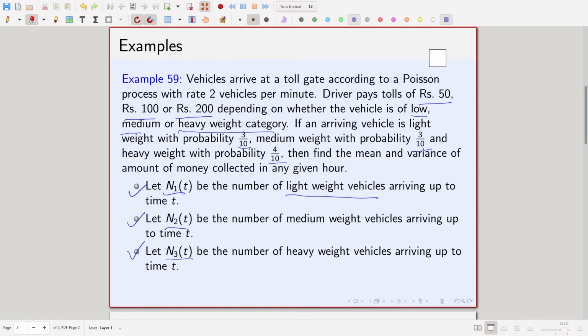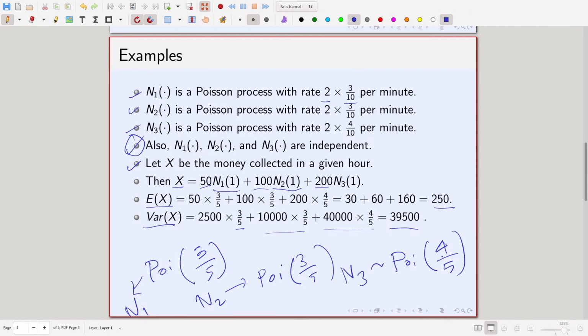Fine. Yeah. So, now the unit is, you are being asked about the amount collected in a given hour. So, here T is basically 60. So, what you need is N1(60), N2(60) and N3(60). Basically the mean will be this times, N1(60) will have mean 3 by 5 times T, so it will be lambda times T. Everything will get multiplied by 60.